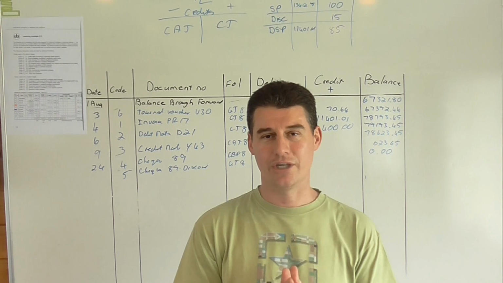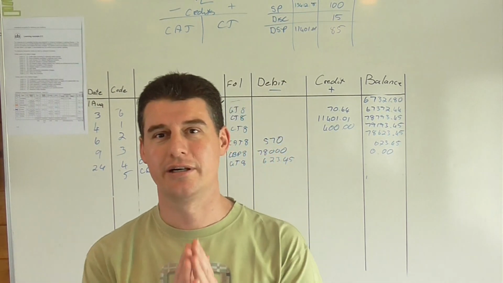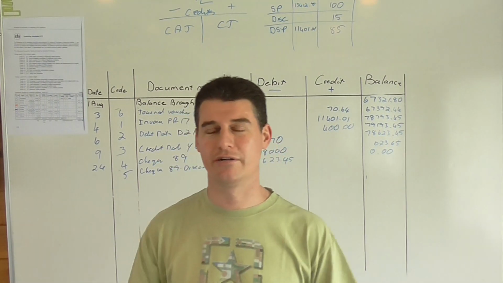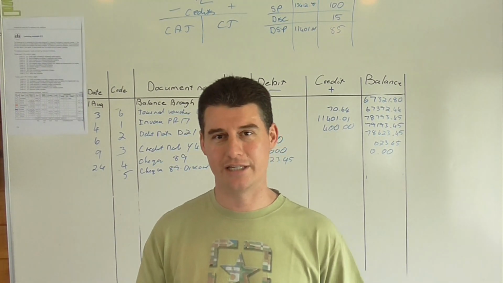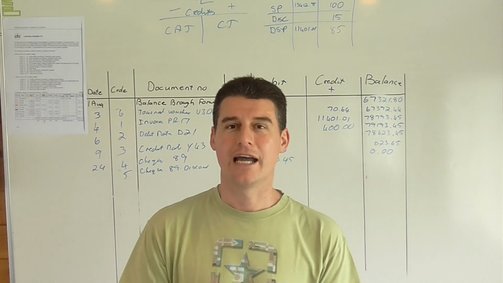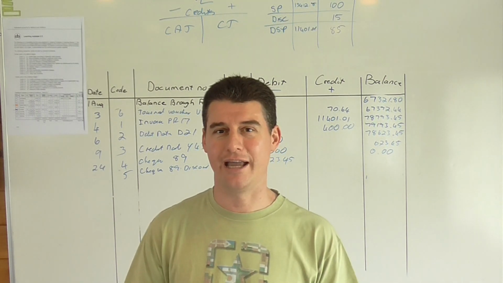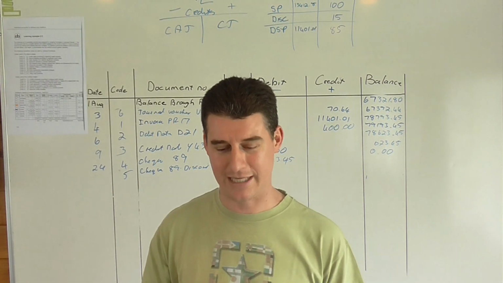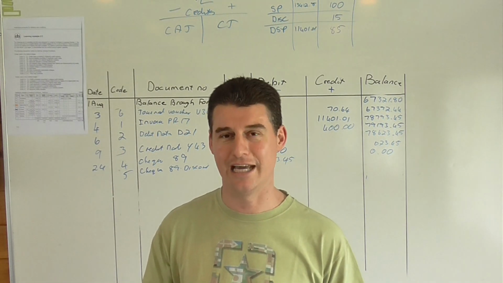As well, I'll show you how to balance it to make sure if you've done it correctly when you do your general ledger for your debtors control. I know I'm talking a lot right now and probably doesn't make sense, but we will get to that and it will make sense once we are done.